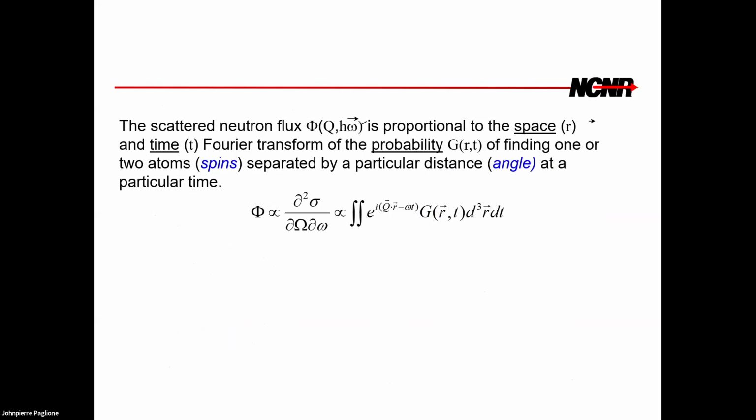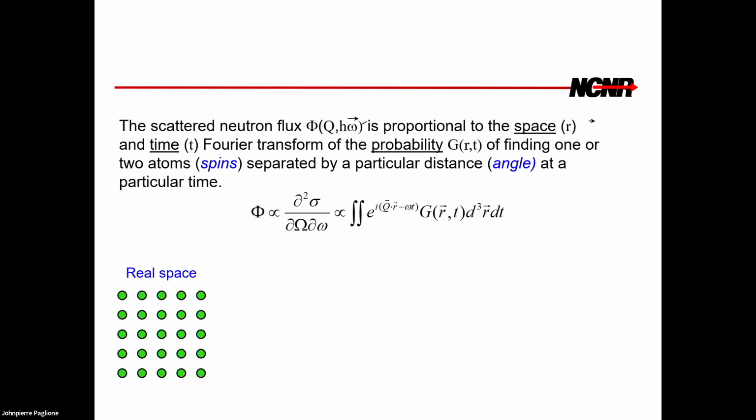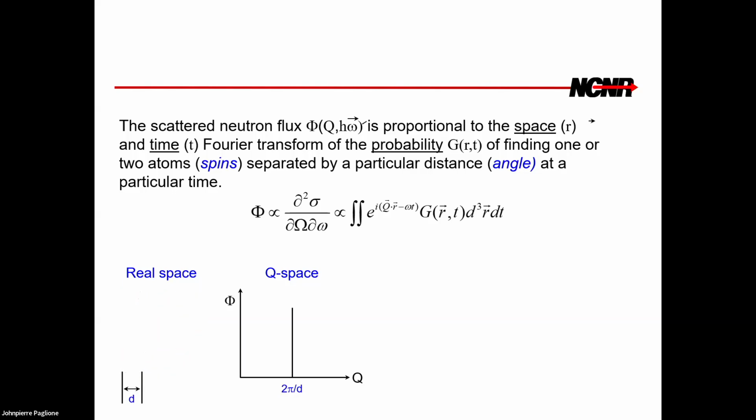I'll go through this pretty quickly. So here's the real space. And if you have just a spacing here, then of course you get a delta function Bragg peak at 2π over d. We already went through that. But then the question is what happens if you get some disorder.